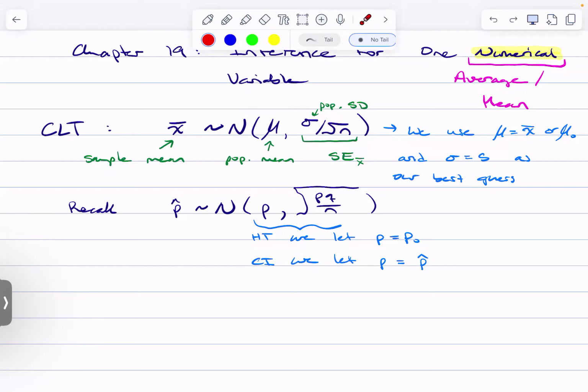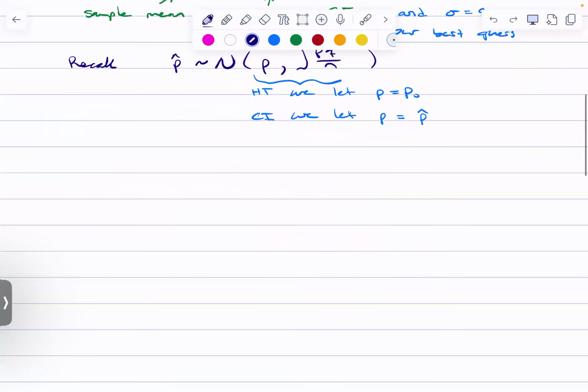It's also the reason we start with proportions, even though they're kind of boring, because we have this kind of solid z distribution that we can start with. But now we're ready to introduce the t distribution.